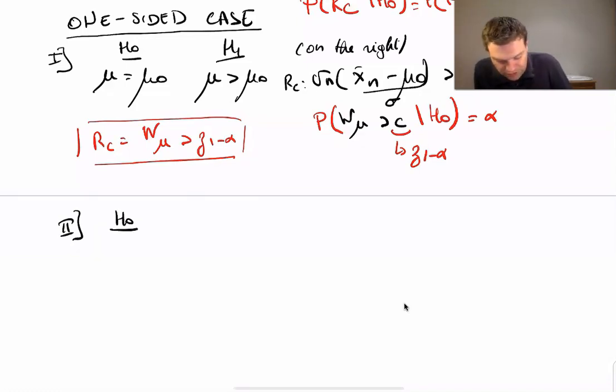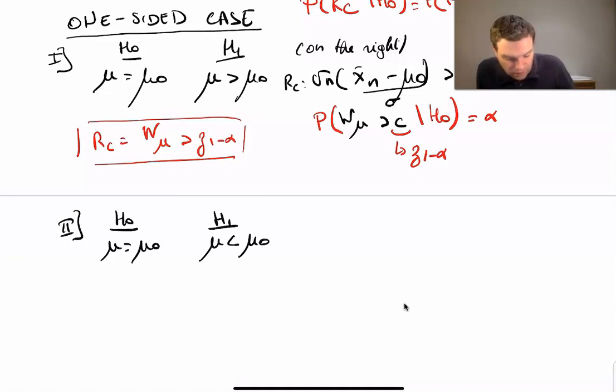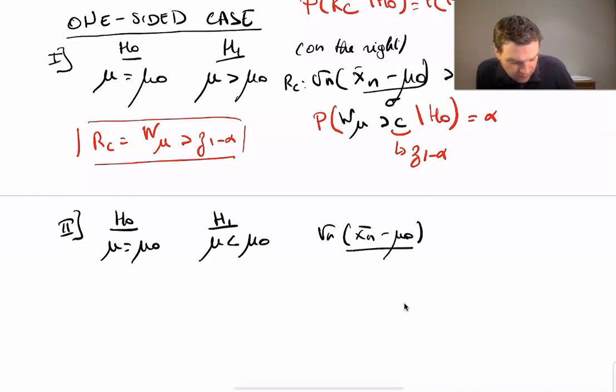What happens in this case? We have the null hypothesis mu equals mu naught against h1, mu strictly smaller than mu naught. We are going to see now this statistic. When are we going to reject?